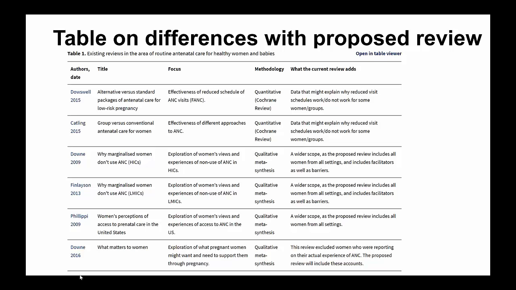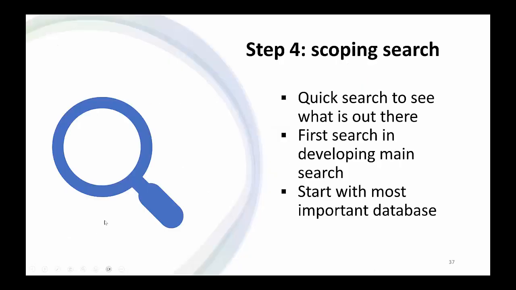Okay, so next we're going to talk about the scoping search. Depending on how many reviews we found in the last search, I might stop there and say, oh, I'm seeing a lot of reviews that are kind of close to your topic, let's stop here.